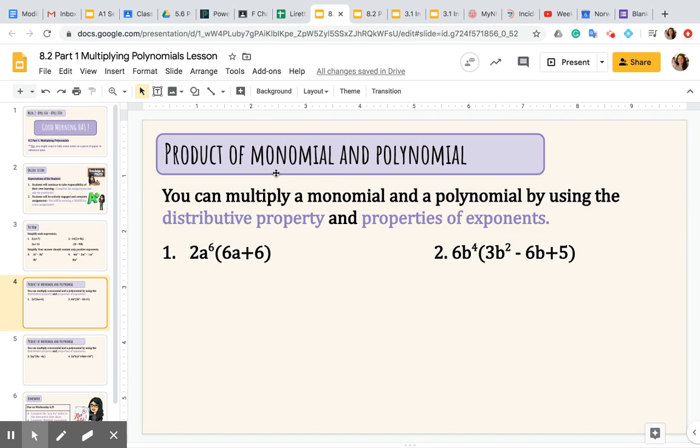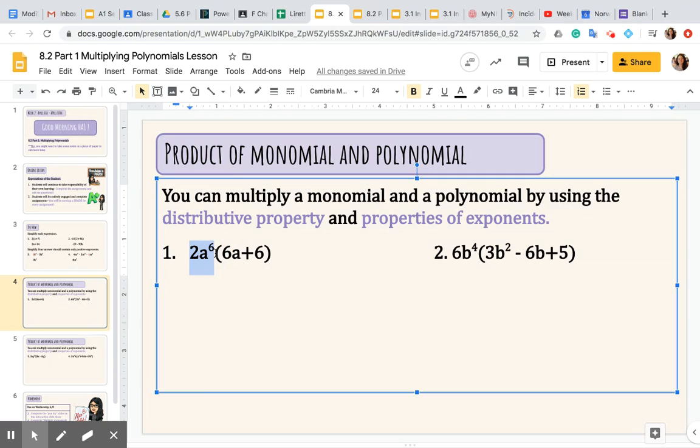Okay, so all we're going to focus on today is how do you multiply a monomial, one little term right here, with a polynomial. Here's my polynomial, 6a plus 6. In fact, I could even ask you to name the degree of this polynomial, the one that I'm highlighting. What's my degree there?